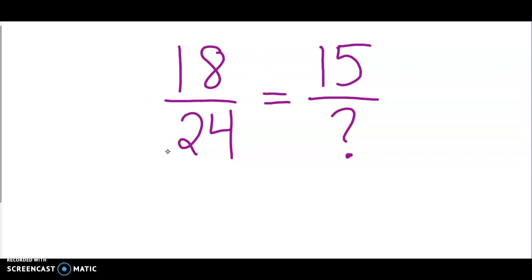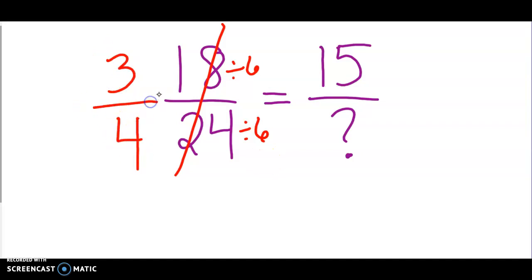I know that the greatest common factor of 18 and 24 is 6, so I'm going to divide 18 and 24 by 6 so that I can rewrite this ratio. 18 divided by 6 is 3, and 24 divided by 6 is 4. So the ratio 18 to 24, or the fraction 18/24, is equivalent to 3/4.